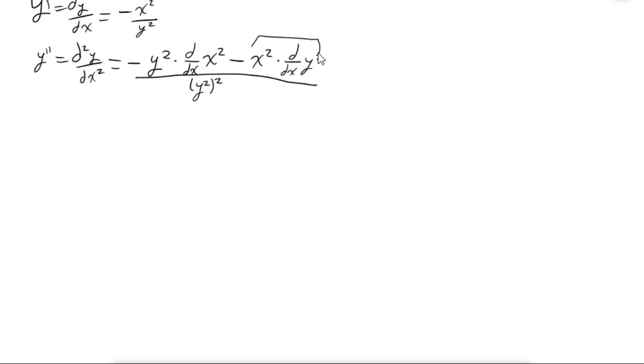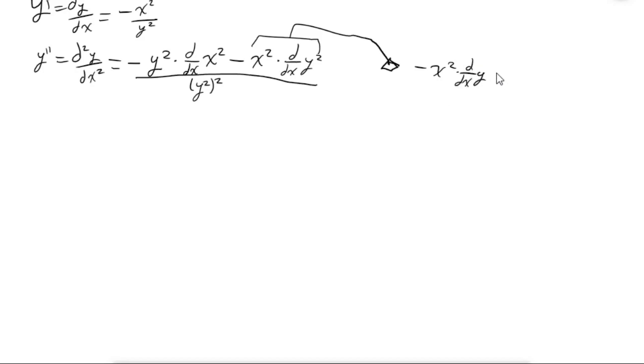So I am going to take this little guy right here and bring it out here so that we can do it separately. So the derivative of negative x squared multiplied by dy squared dx.